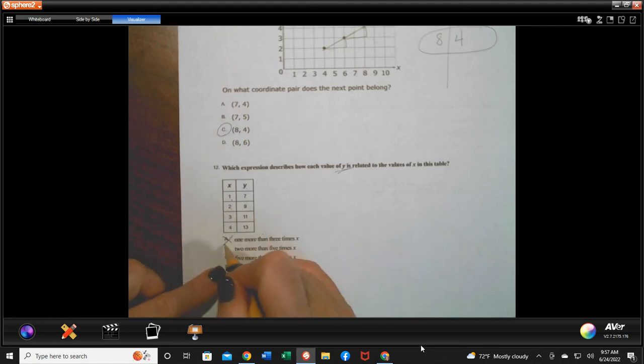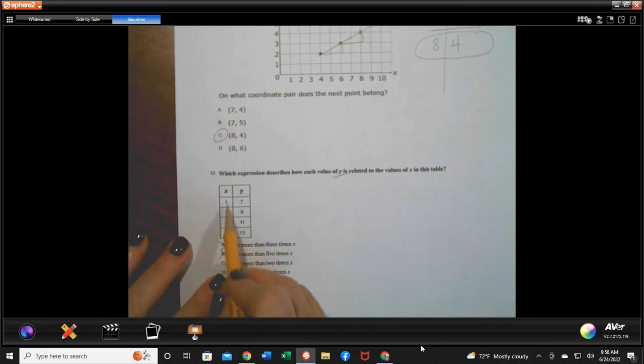So it can't be B. And I'm checking the first term in the table, all right? Now, when I find a rule that works, I'm going to put it through the test and make sure it works for the last term in the table too. All right, but I haven't even had to do that yet because none of the rules A or B even work for the first term.